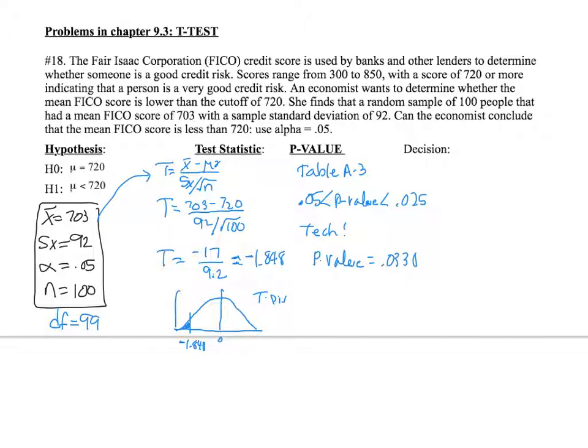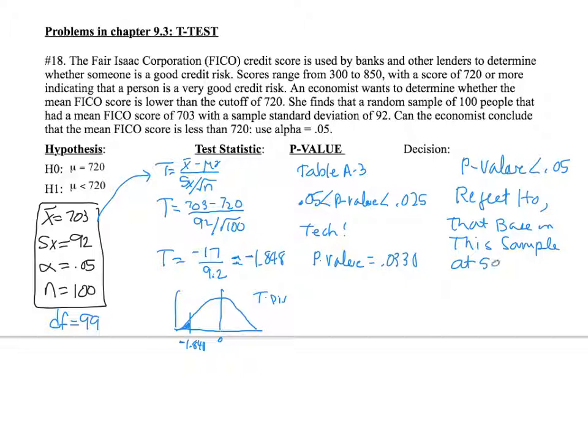Since our p-value is less than 5%, we reject H naught, and we say that based on this sample, at the 5% significance level, the mean FICO score is less than 720.